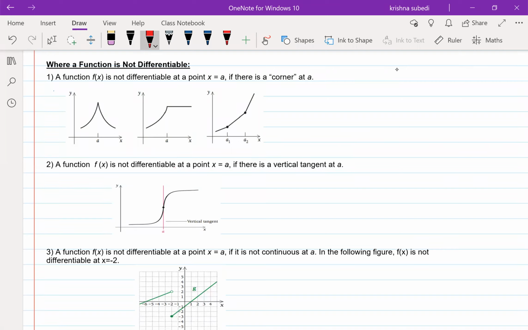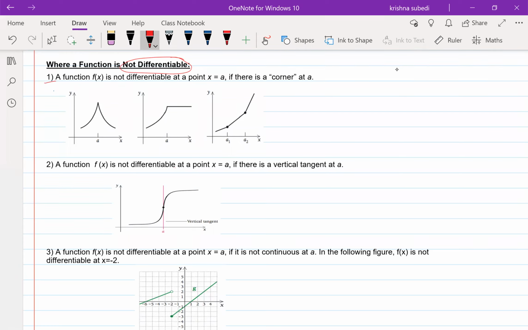Okay, we know how to find the derivative and we know the meaning of the derivative. Now the question is where a function is not differentiable. In other words, at what point the function cannot have a derivative. Not differentiable means the derivative does not exist. There are three situations where you cannot find the derivative.